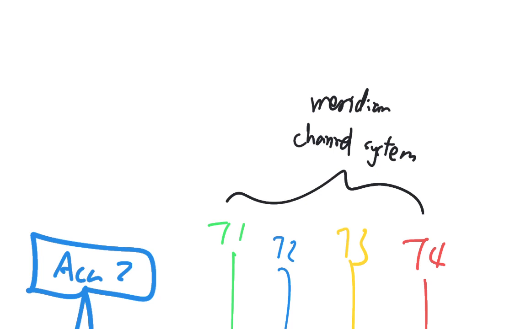And for more explanation of what meridian is, click in the video What is Meridian, where I go through the history, Chinese medicine understanding, and modern scientific interpretation of meridian.